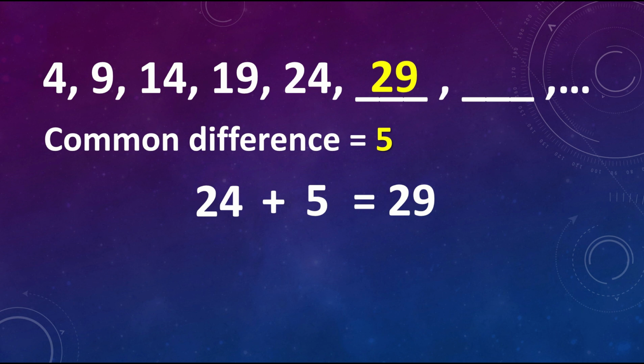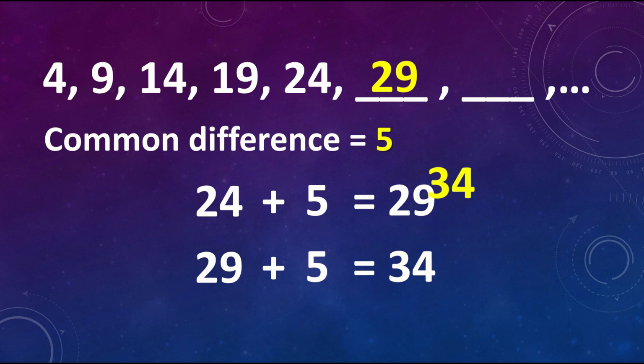Now for us to get the next term, we just need to add again the common difference. So we will have 29 plus 5 is equal to 34. So 34 is the next term of the arithmetic sequence. You may pause the video if you want to copy the example.